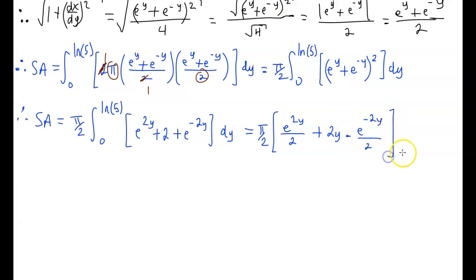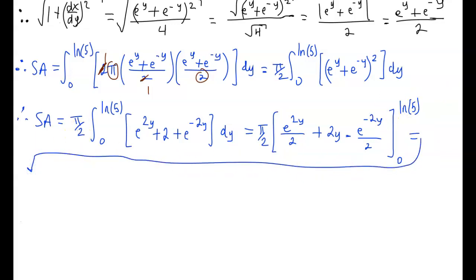And all that will be evaluated from 0 to natural log of 5. And so from here, all we just do is plug in natural log of 5, see what we get, minus, plug in 0, see what we get, simplify the answer. So we are here on the home stretch now. So this will be pi over 2. And first I'm going to plug in natural log of 5 everywhere.